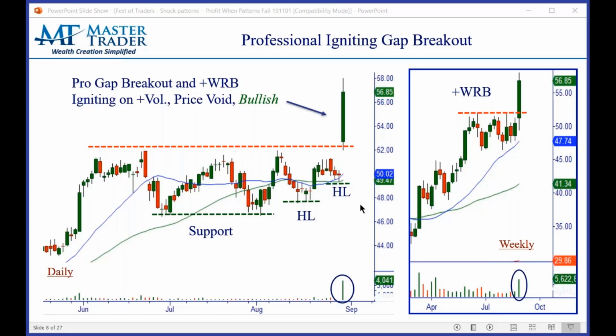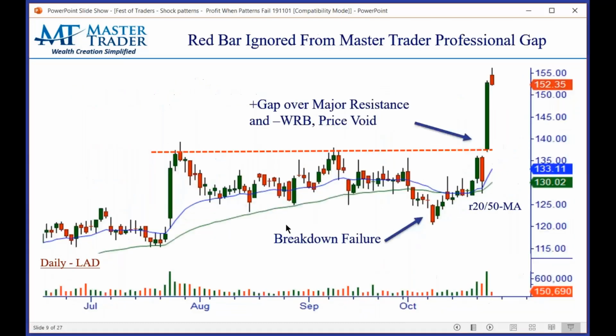In fact, I prefer it to be on bad news because that's a bigger shock. Very little tail, which means on the gap up, buyers were stepping up. I'm showing you the weekly chart here also. This was a breakout on the weekly chart. And that is a beautiful pattern for a bullish stock and option directional trade.